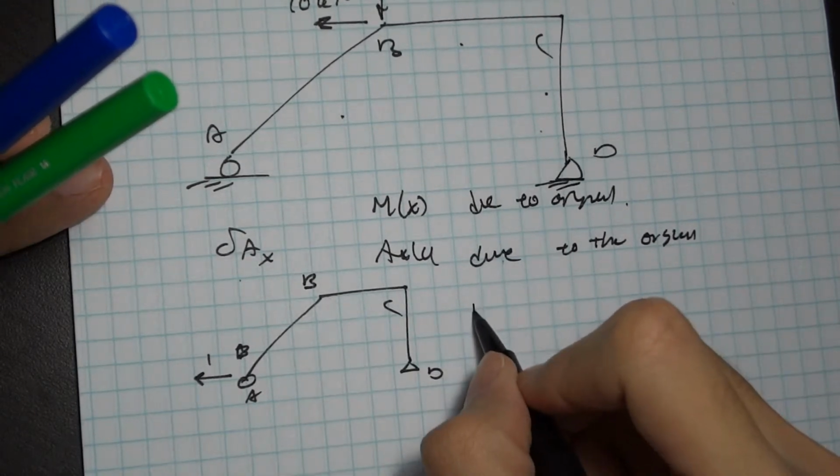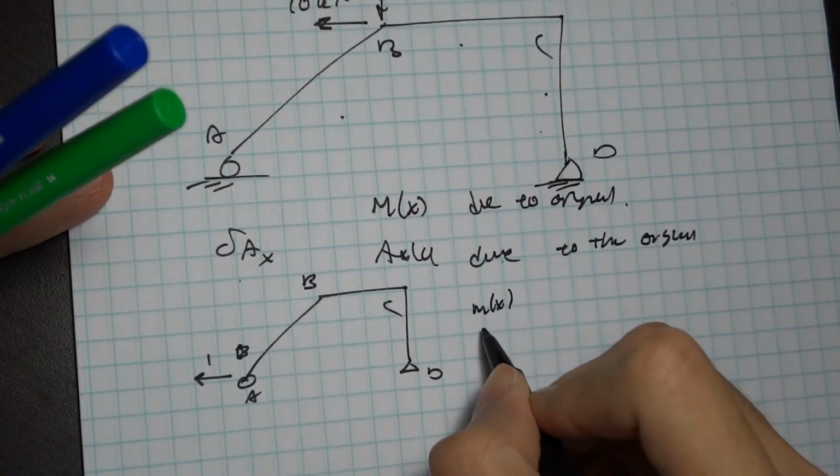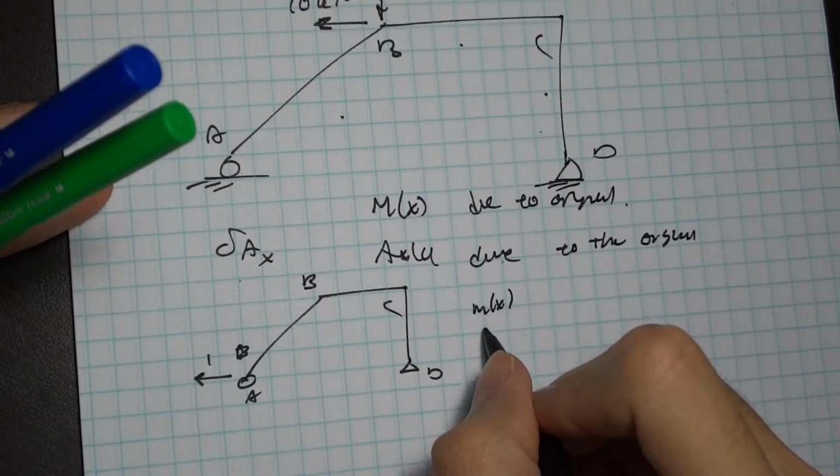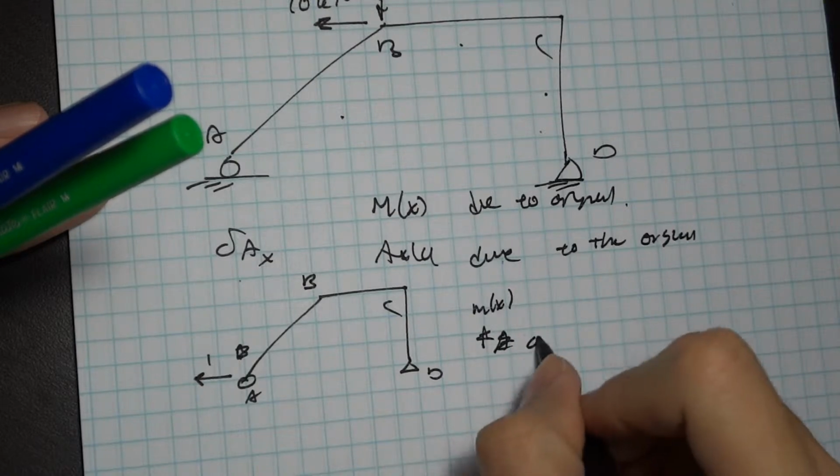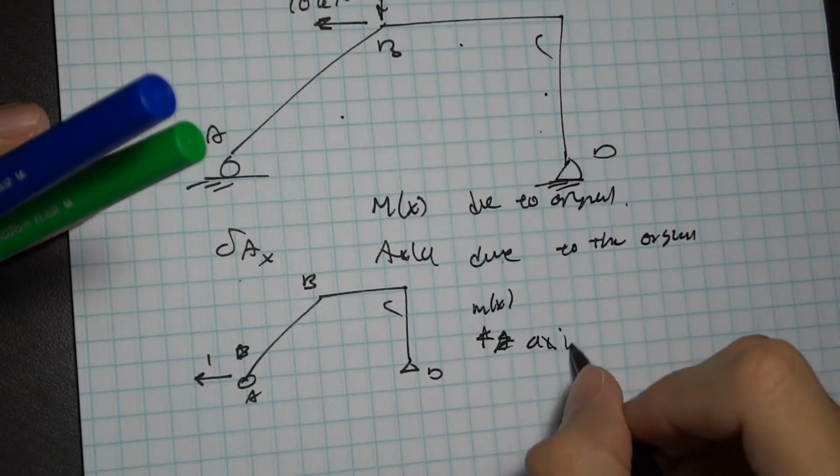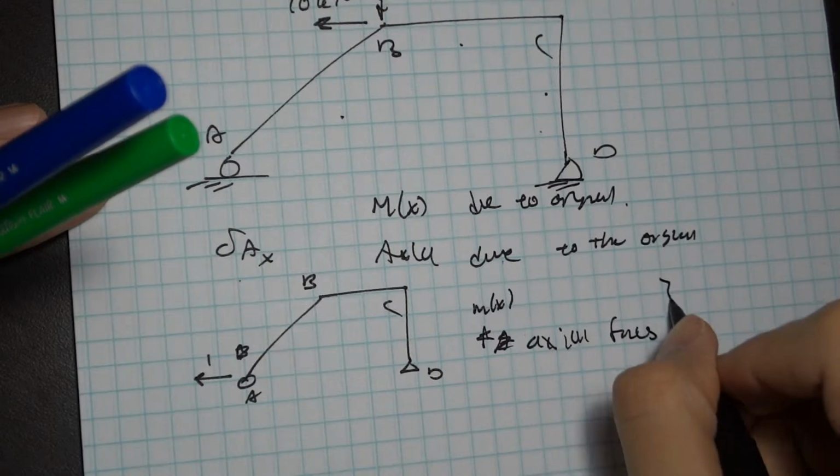And then find your little m of x. Find your forces again. This is due to the virtual load.